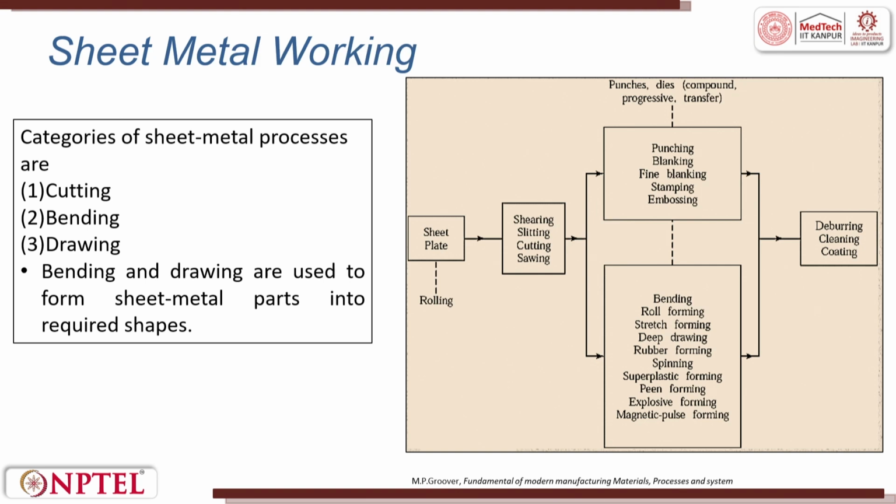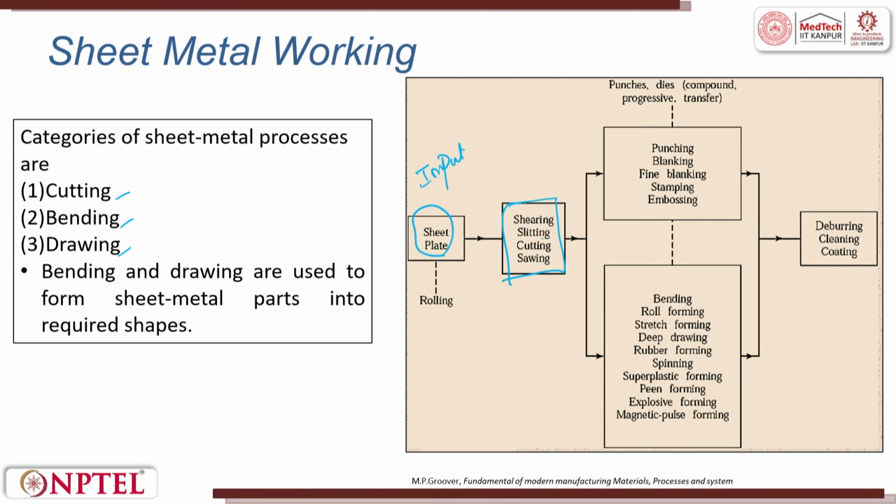So, what are the categories of sheet metal processes? One is cutting, bending and drawing. If you look at the workflow, the input given is a sheet. Then these are the operations which are done on the sheet.